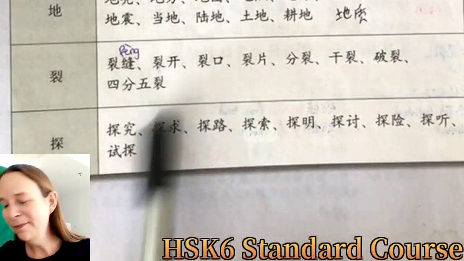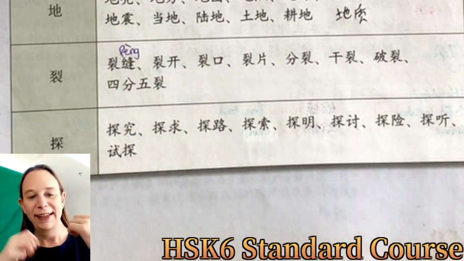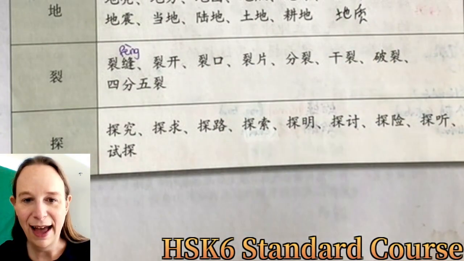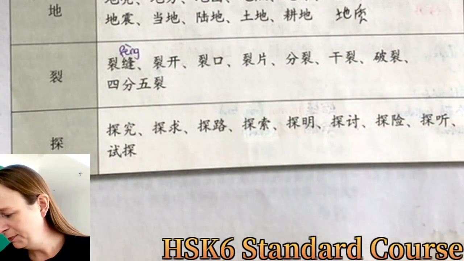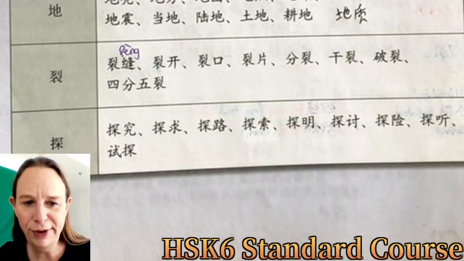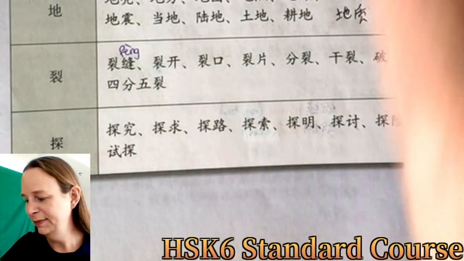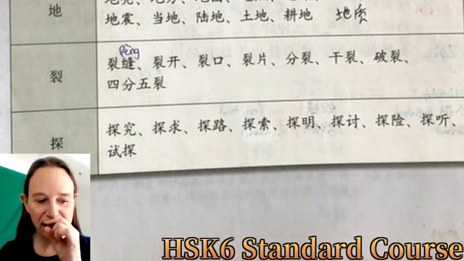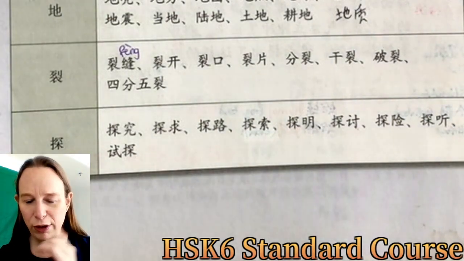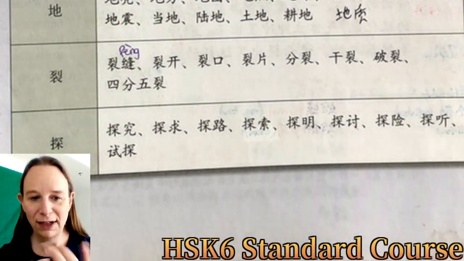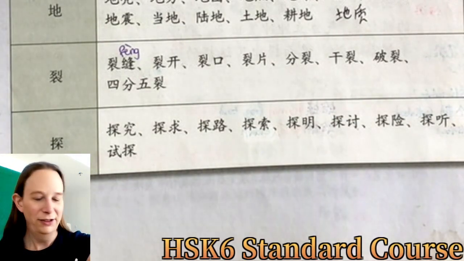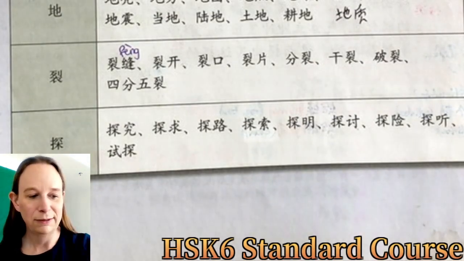Anyway, 裂开. 裂开 is better used for things that spontaneously split apart. 裂口. Yeah, so 裂口, you've probably studied 缺口. 裂口 is kind of the place where it's split. Actually, you probably studied 缺口 and 伤口. 伤口 is your wound, right? 你受伤的地方是你的伤口.